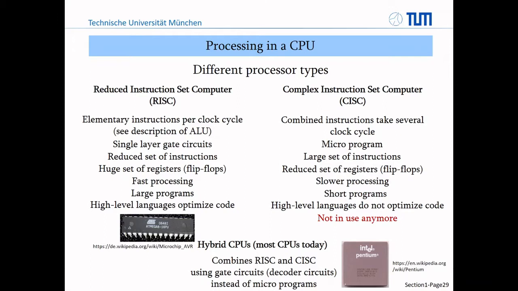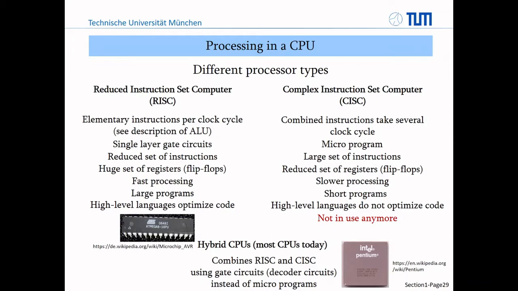On the other hand, there was this CISC, the complex instruction set computer, so a CISC processor, and therefore you had a combination. So you had higher level commands, for example. A command was split into microprograms, and per clock cycle there were several of these higher level instructions processed. So you have a large set of instructions, and therefore a reduced set of registers.